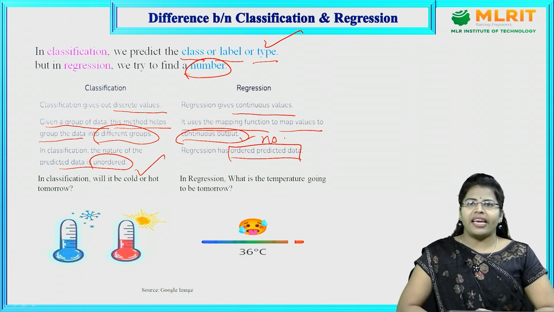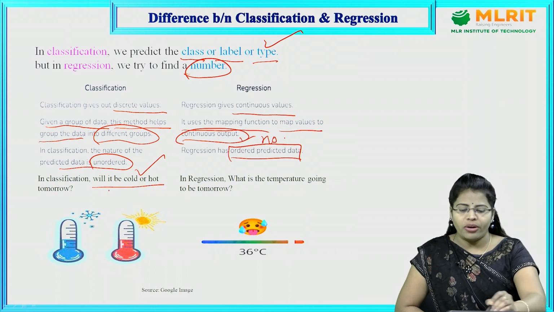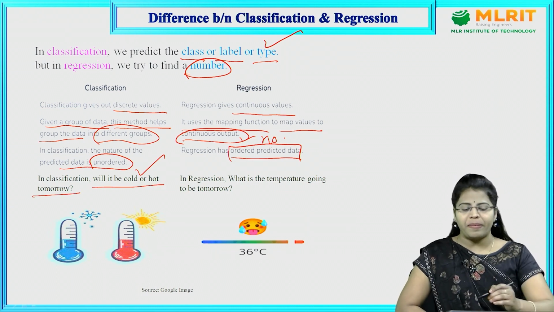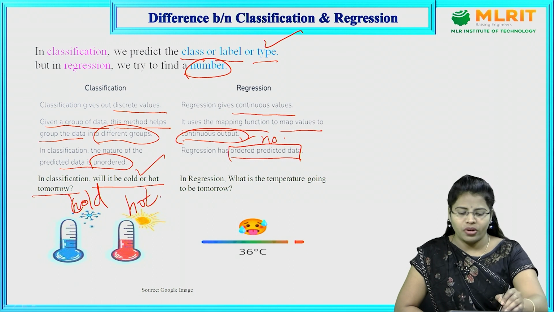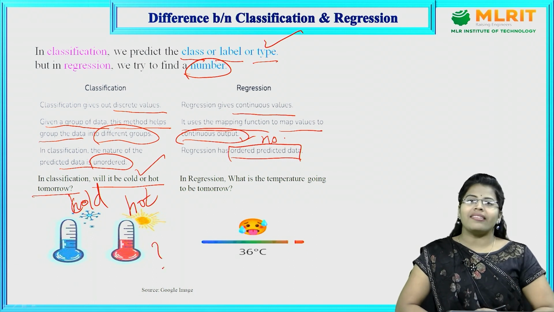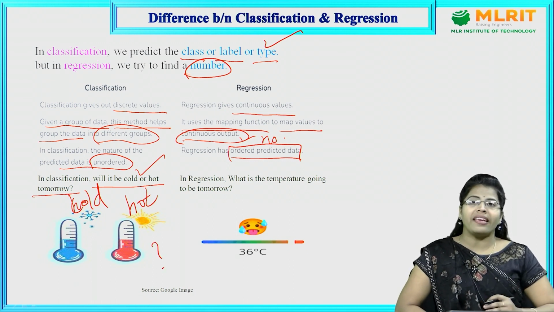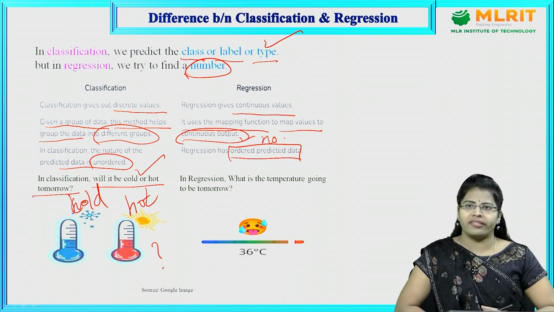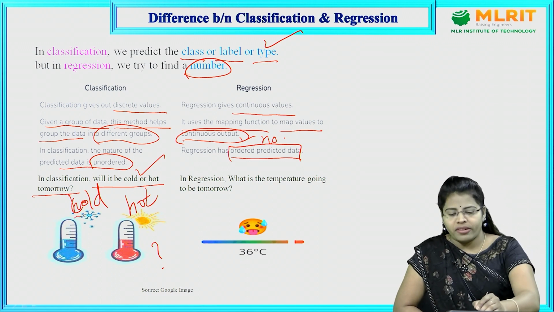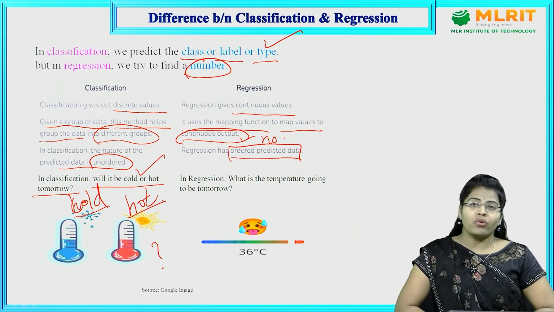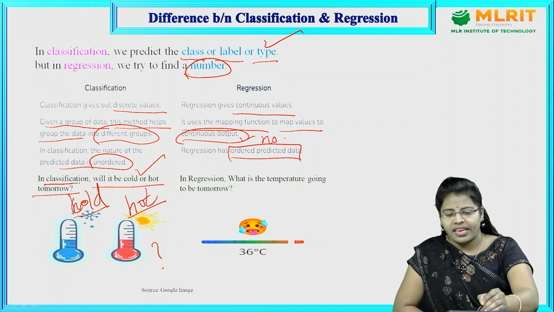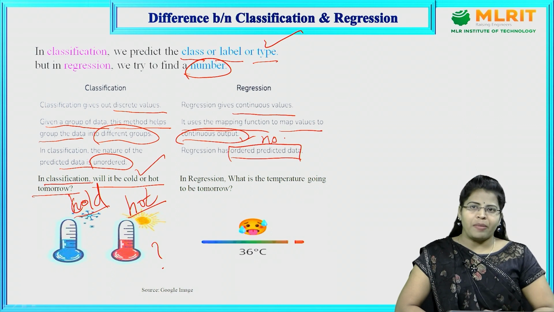In classification, will it be cold or hot tomorrow? The output will be like yes or no, true or false. So the output will be either hot or cold. That means it is going to predict the output like yes or no. That's how classification comes under this type of problem.